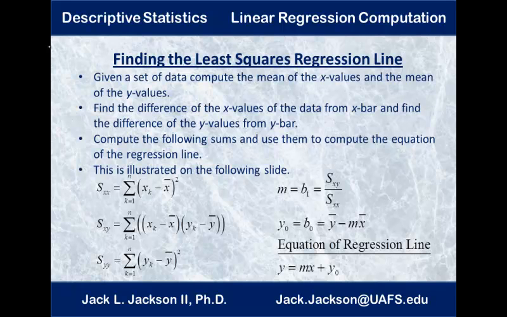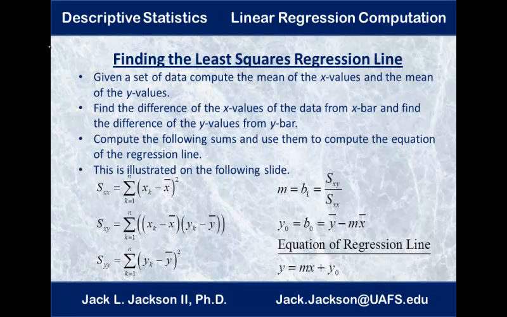And then we do the same thing for the y's, taking the y values minus y bar for every y value. Then we can compute these sums, SXX, SXY, and SYY. Actually, we don't need SYY for the computation. We only need SXX and SXY. SYY will be used a little bit later on for something else, but we'll use these two things here.